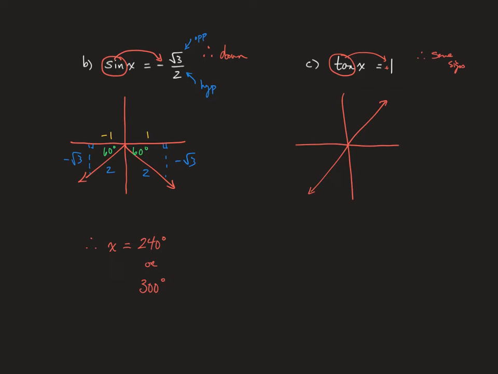Well, now that I have that, I can drop in my height, and I can label my sides. Tan equaling 1 tells me that my opposite and my adjacent are the same length. So opposite and adjacent are both 1s, or opposite and adjacent are both negative 1s.